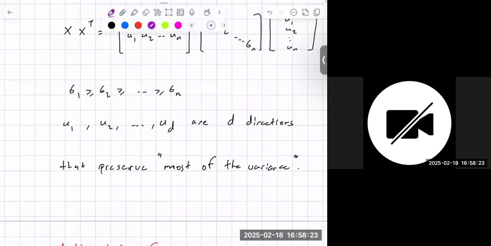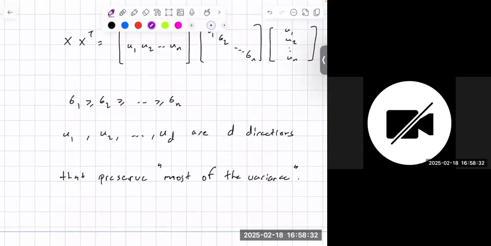Now, we can also look at maybe probabilistic PCA. Well, before doing that, let me define what a multivariate Gaussian is.